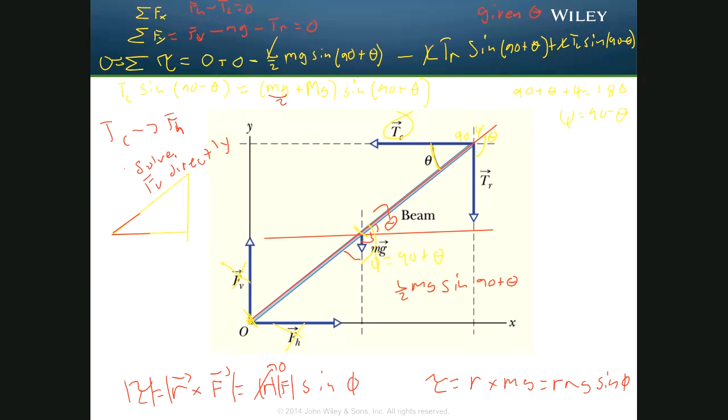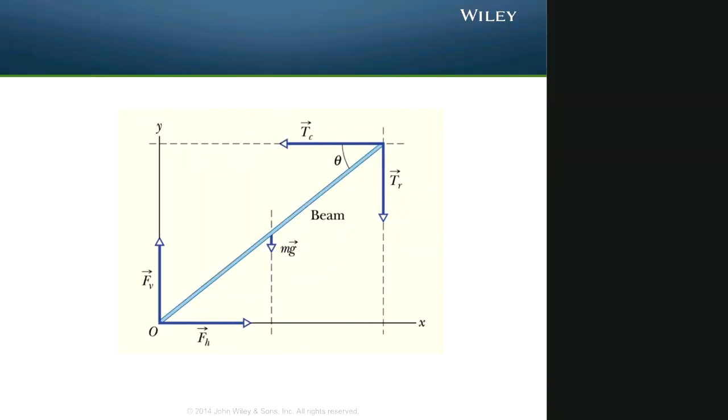There we go. All right, so we've got to wait a little bit for that to convert. Sorry. And there we go. So now we have a problem.